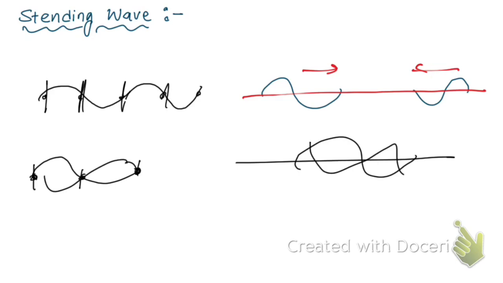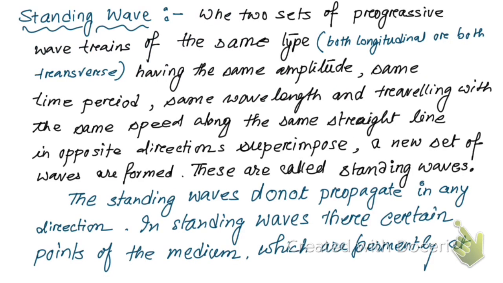So now let me write the definition. As I have already told you, standing waves are also known as stationary waves. There are certain points in the medium where there will be no displacement.